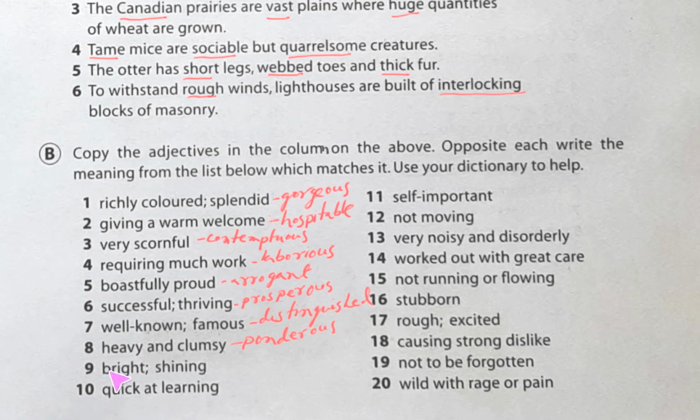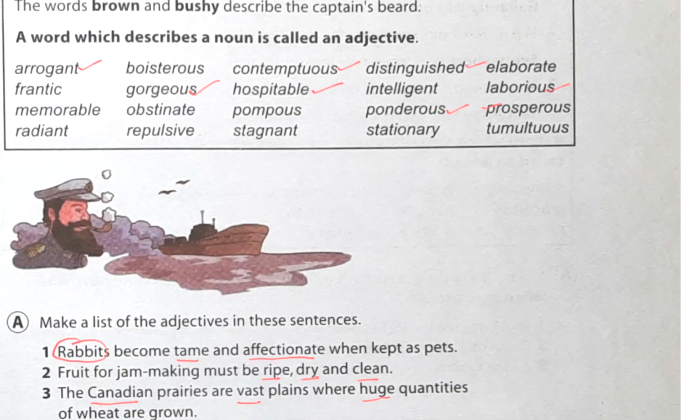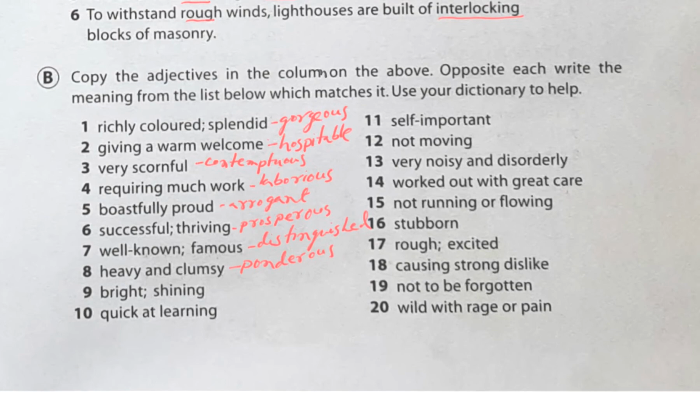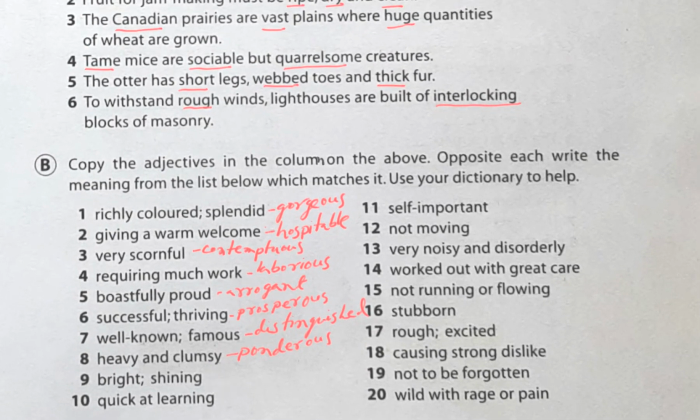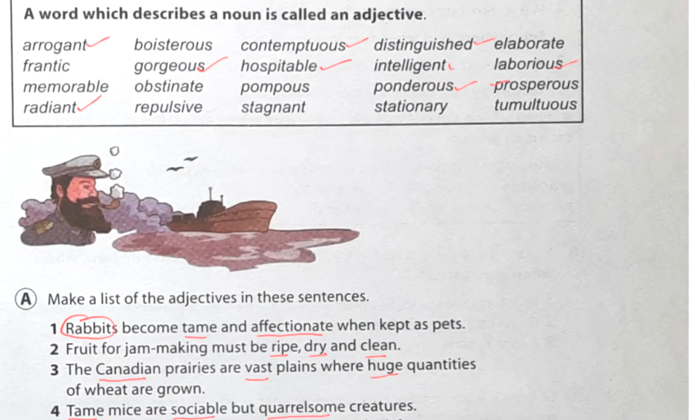Okay. Number 9, bright, shining. What will it be? It will be radiant. So write in this place, radiant. Next one, quick at learning. Here in this place we will put intelligent.